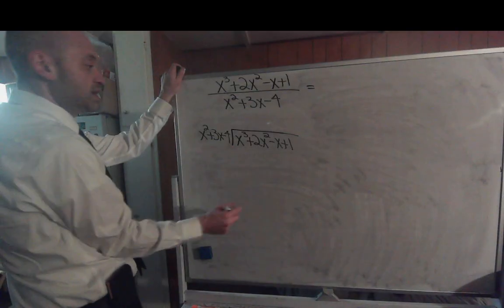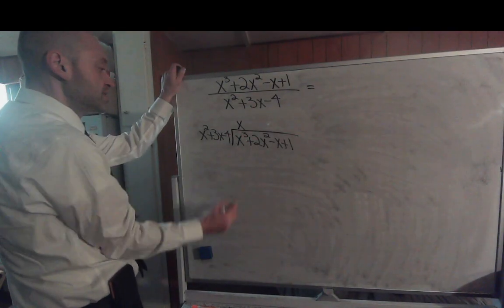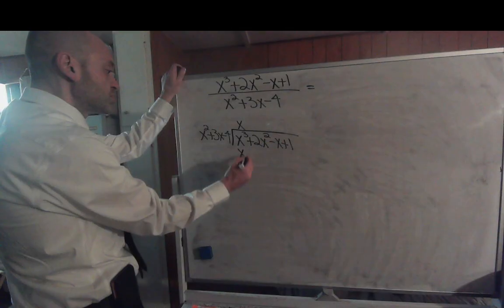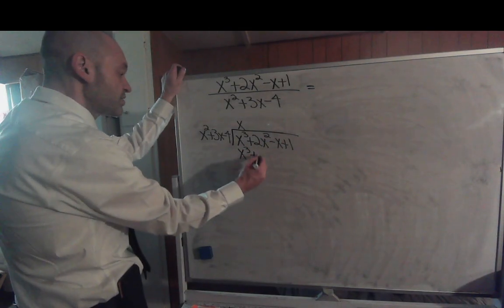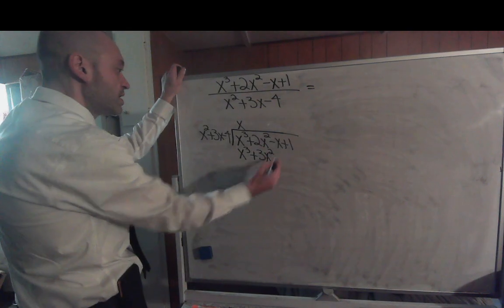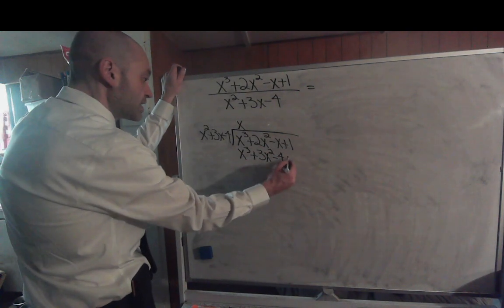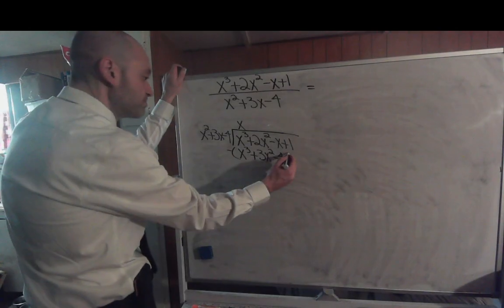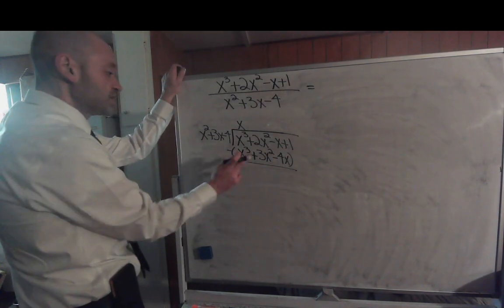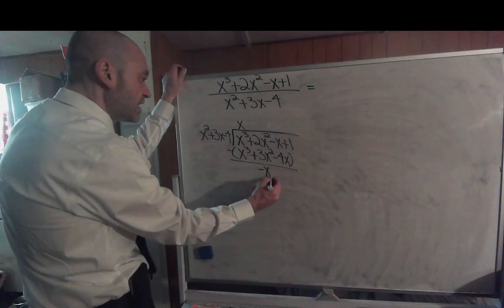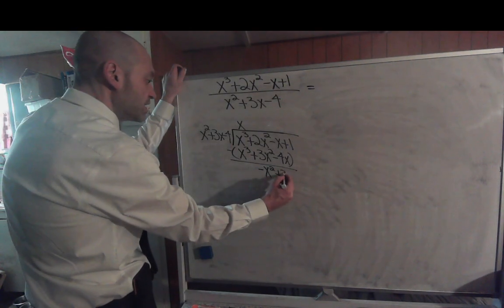x squared goes into x cubed x times. So x times x squared is x cubed plus 3x squared minus 4x. So subtract this here. x cubes are gone. You'll get negative x squared plus 3x.